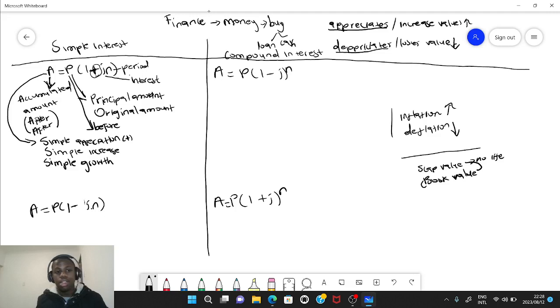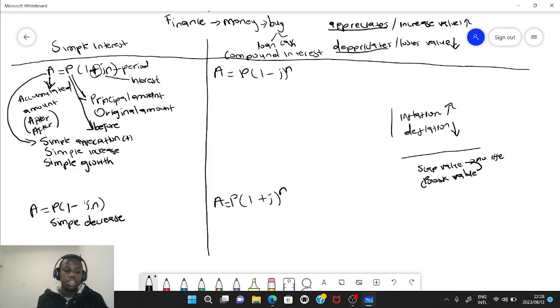Like I said, the special name consists of two words. Since you are under simple interest, the first word will be simple. But in this case, we are not dealing with an increase. We are dealing with a negative sign, and we know that a negative sign has to do with a decrease in something. So now we'll have a simple decrease.